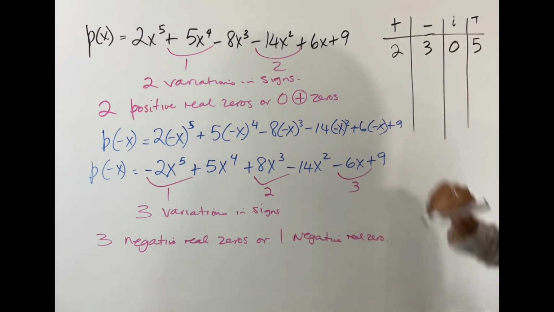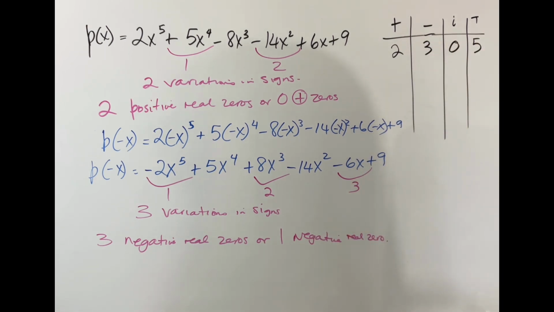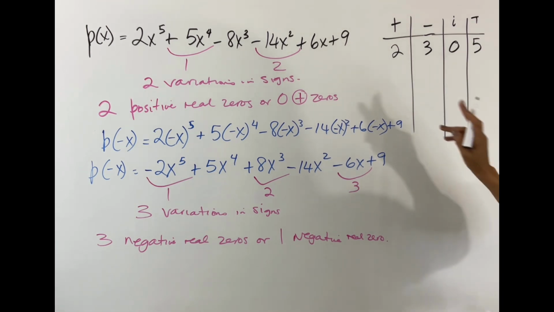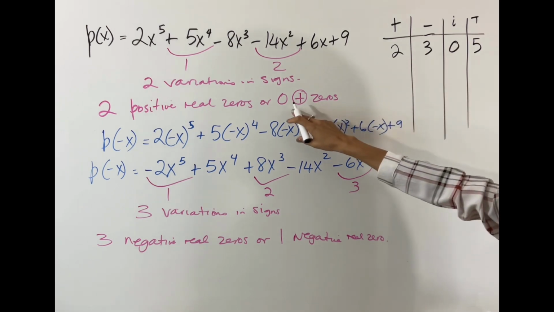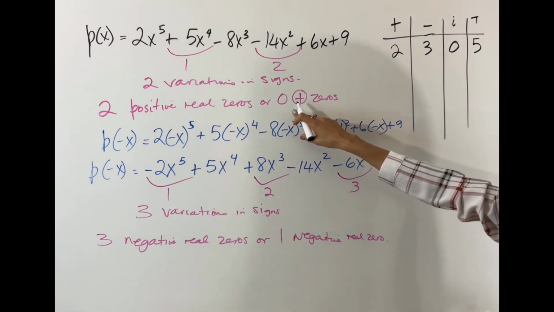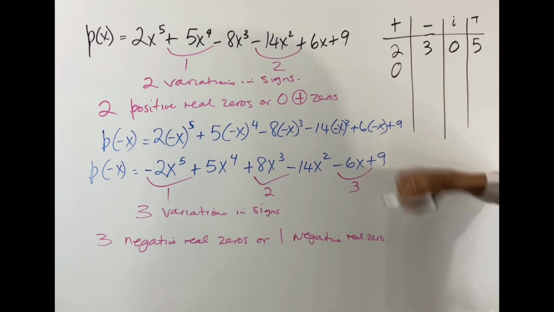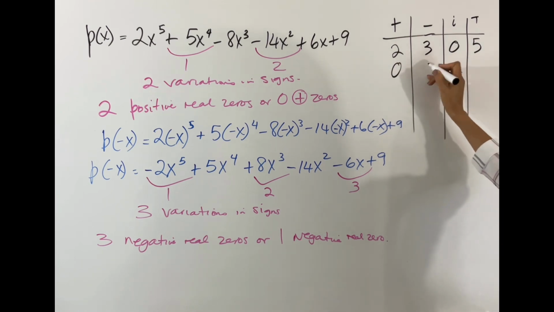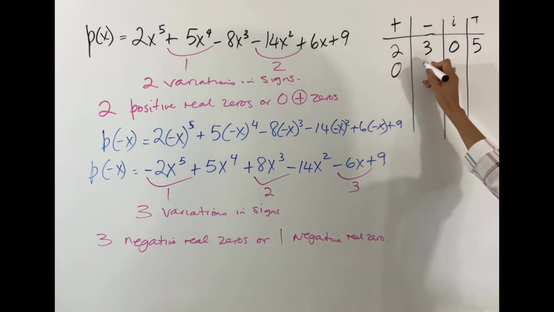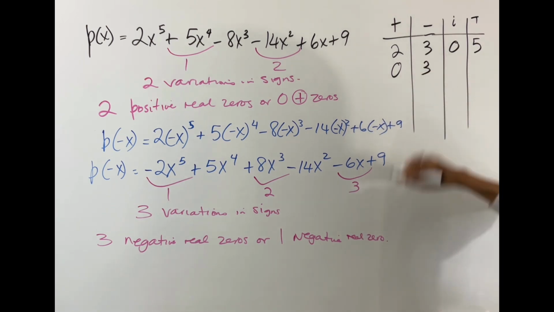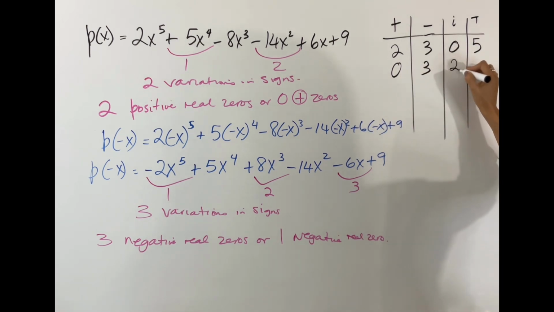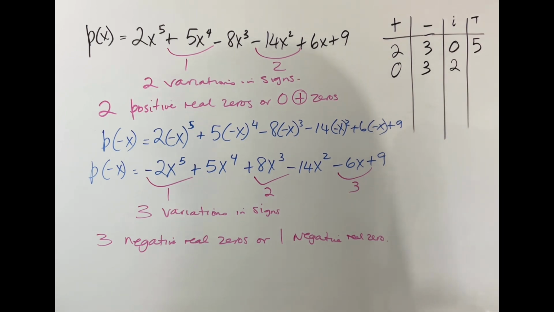So therefore, we have a possibility of 0 complex zeros there. And so the other option is that we would have 0 positive real zeros there. And if we have still the 3 negative right there, because that is another combination, we will end up with 2 imaginary numbers, or what we call complex zeros. And so our total is 5.